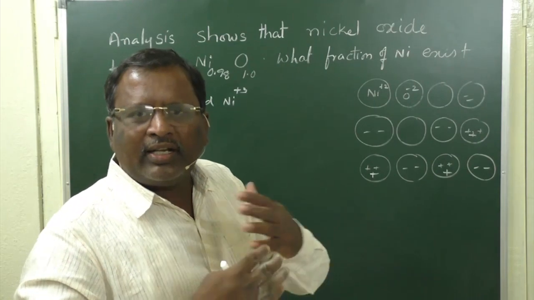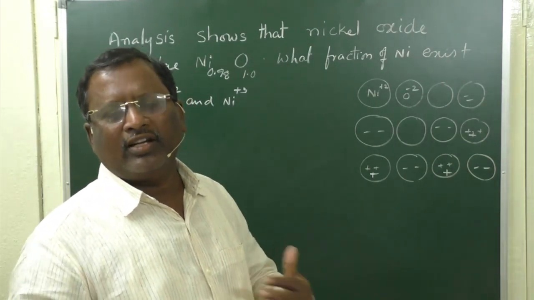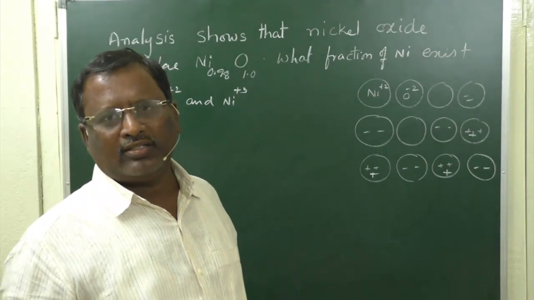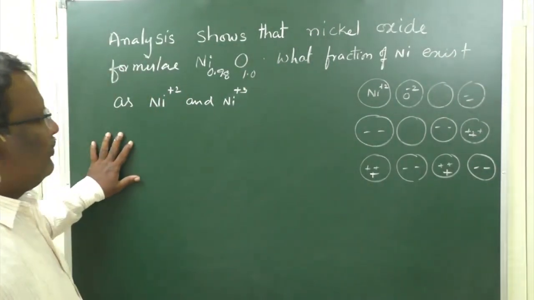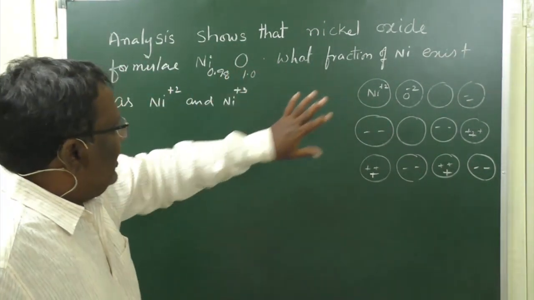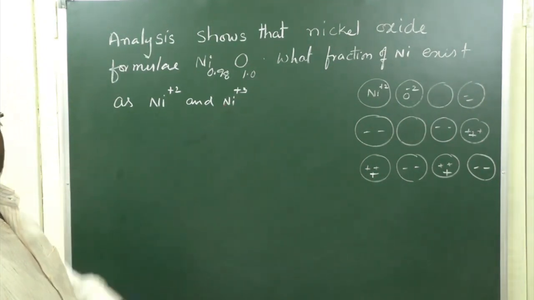So, what percentage of dipositive ions are converted into tripositive ions? They are asking this only. What fraction of Ni exists as Ni plus 2 and Ni plus 3?